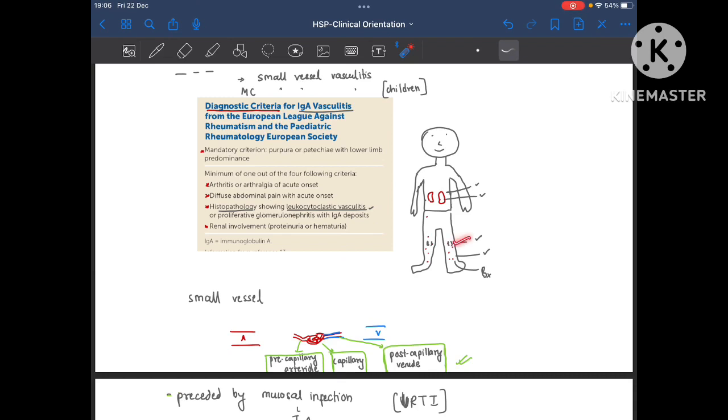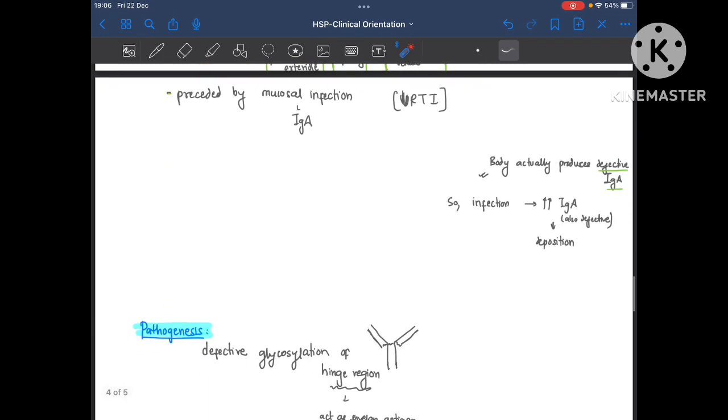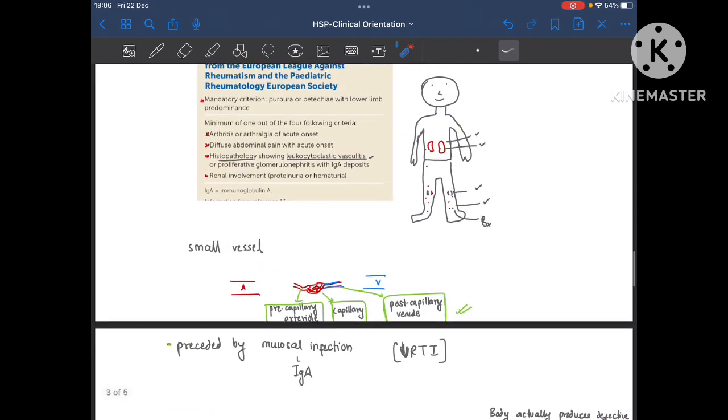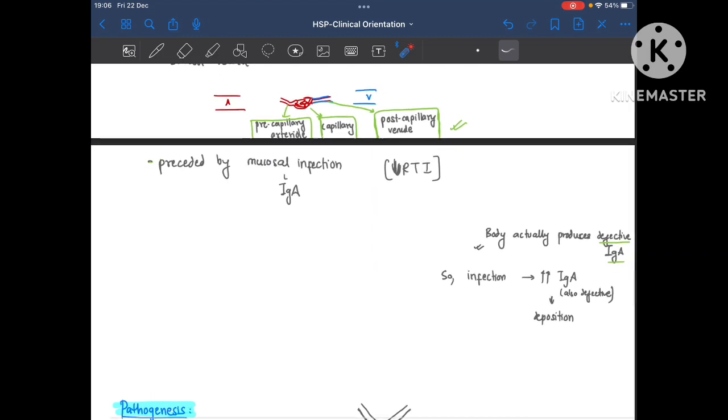One is arthritis, arthralgia of acute onset, diffuse abdominal pain of acute onset. Other is biopsy histopathology showing leukocytoclastic vasculitis. You should remember this term, leukocytoclastic vasculitis. And renal involvement, there will be evidence of proteinuria or hematuria, that is nephritic syndrome. This is how we diagnose Henoch purpura.